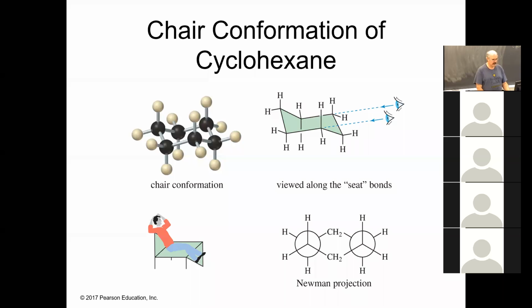I'm going to go through the chair conformation of cyclohexane once again. One thing we did not cover last time was larger substituents at the axial and equatorial positions, but I'm going to go ahead and review this.